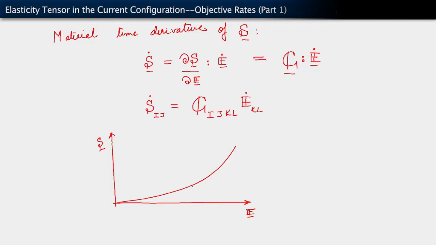So it tells us the obvious thing: for every little increment, if you want to think about this as some delta E, it tells us what the corresponding delta S is, and if that change in E takes place over some time dt, then in the limit we get E dot, and then we get S dot as well.